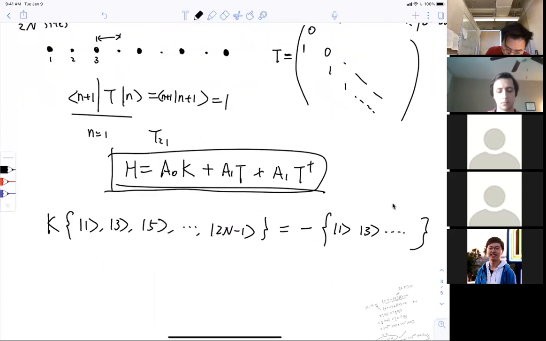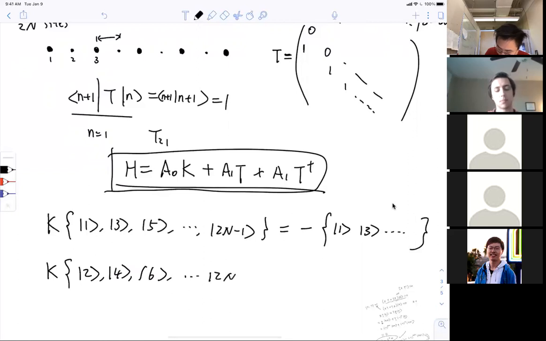And k acting on odd size, sorry, this is odd, this is even, 6 to n would give us a plus sign.